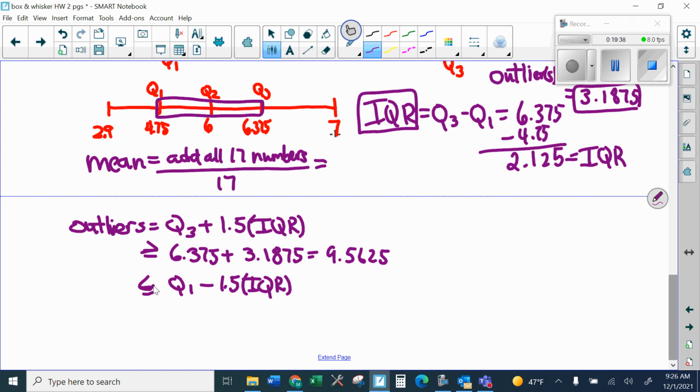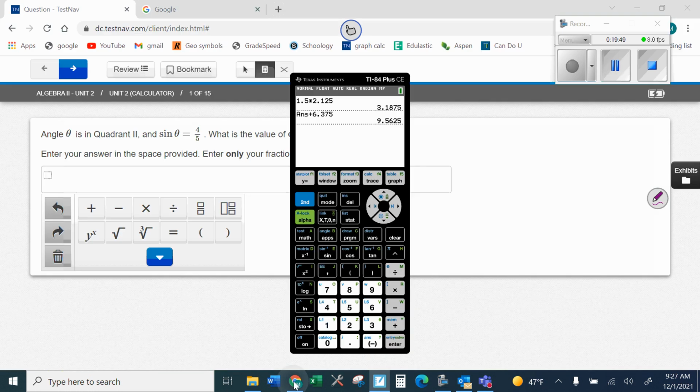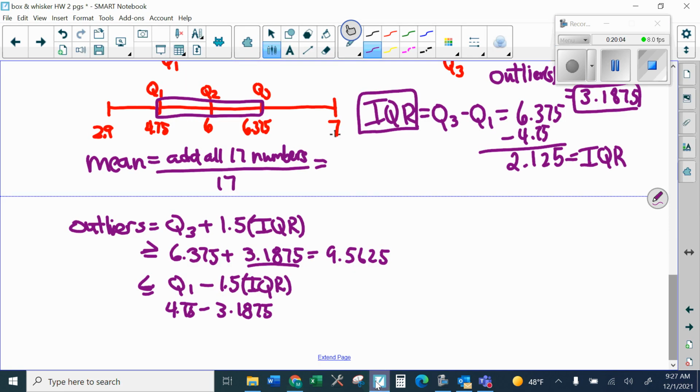Okay, so Q1 was 4.75 minus that same answer right there, 3.1875, is 1.5625. Do we have any numbers below that? No. Our smallest number is 2.9. So no outliers.